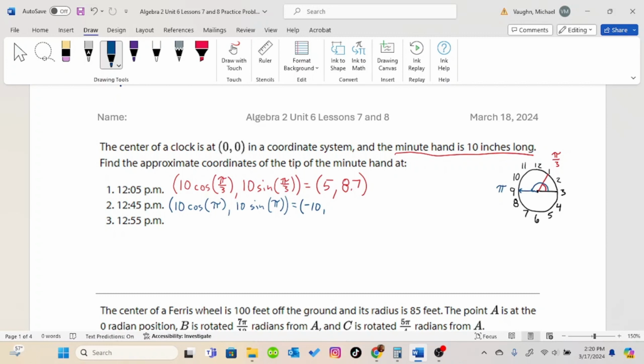And our sine value is our y value. But our y value at pi is 0. And 10 times 0 would be 0. So at 12:45, the coordinates for the tip of the hand would be -10, 0.